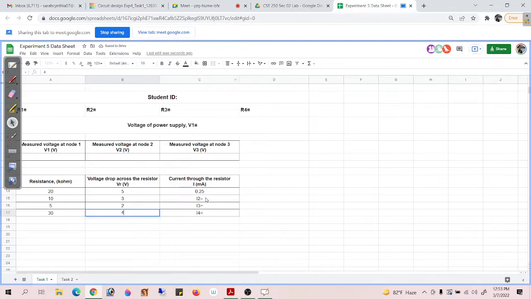Then you have to delete I1, I2, I3, I4 from this particular column. So delete everything. And now you have mentioned what operation you are trying to do, or you have mentioned the function over this first cell, right?